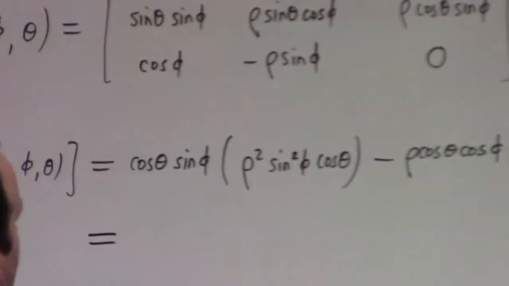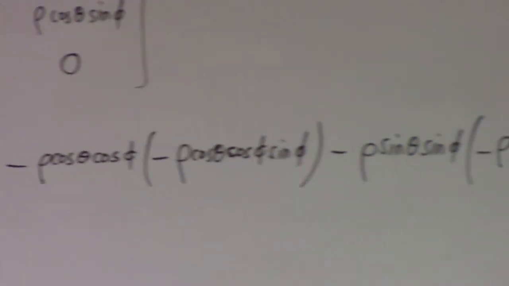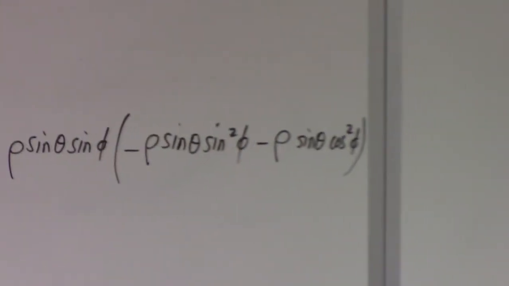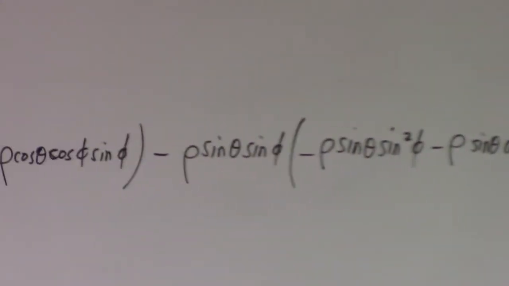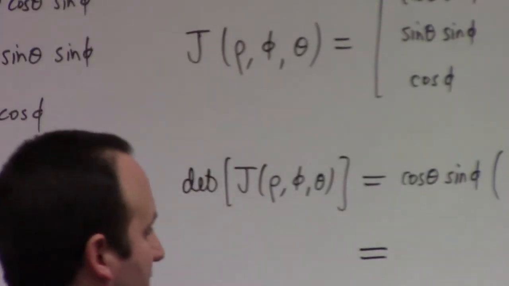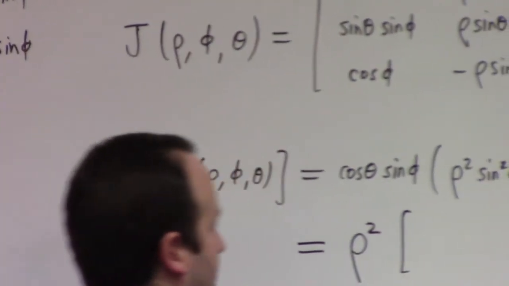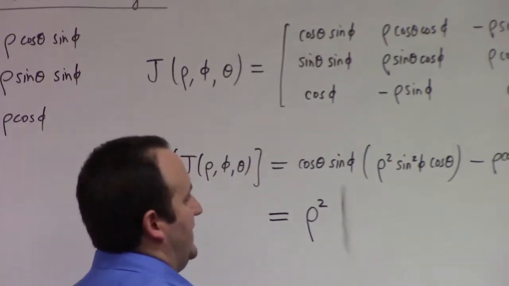I mean, on first glance, you'd be like, well, what hope do we ever have of doing spherical substitutions, right? I mean, this is awful. But some stuff collapses down here. Let's see if we can find some factors that are all the same. Rho squared on every term. I like that. We'll factor that out. Is there anything else on every term that we could factor out?